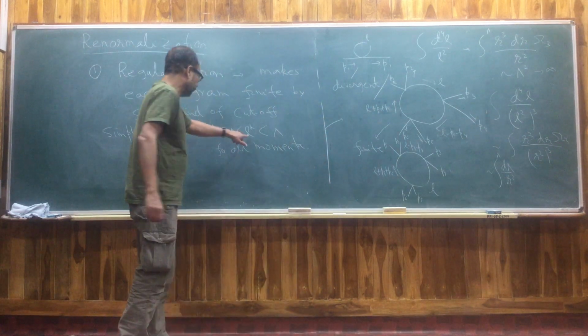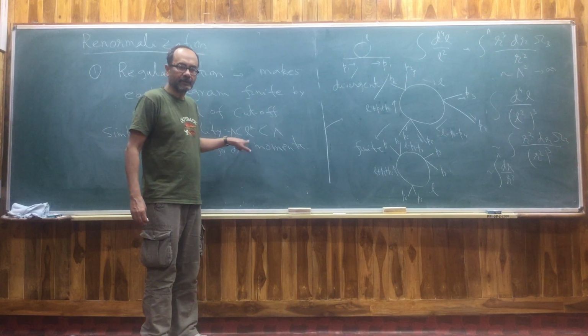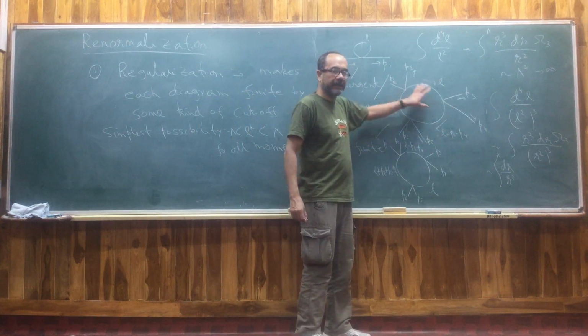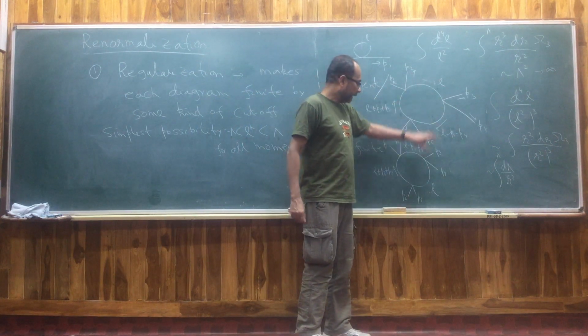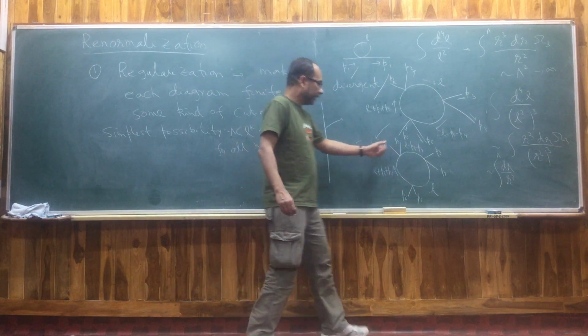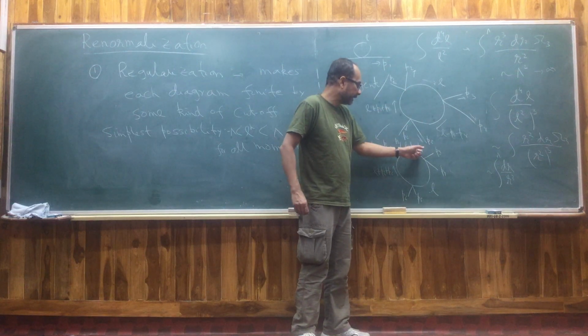So if you restrict each component of L mu between minus lambda and lambda, that gives a certain restriction on the loop momentum here. But if you use this L and put the same restriction, that's a different restriction here, because this L is related to this L by L minus P3 minus P4.